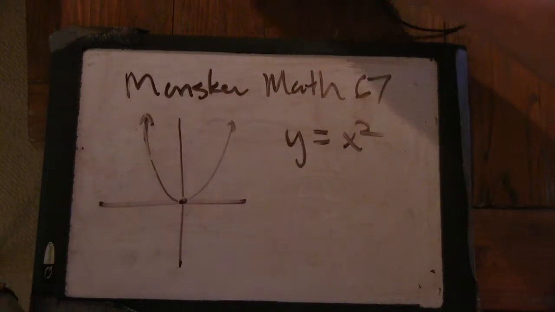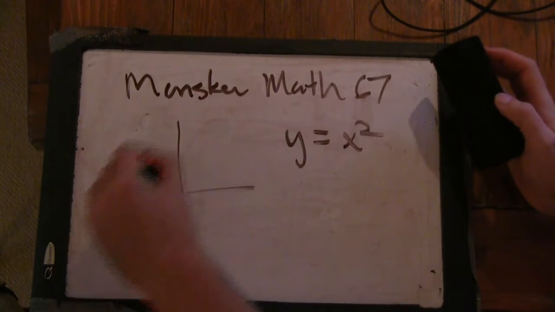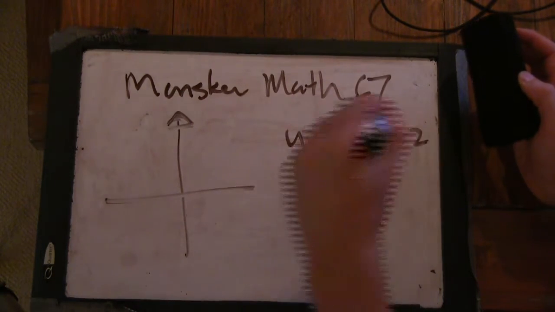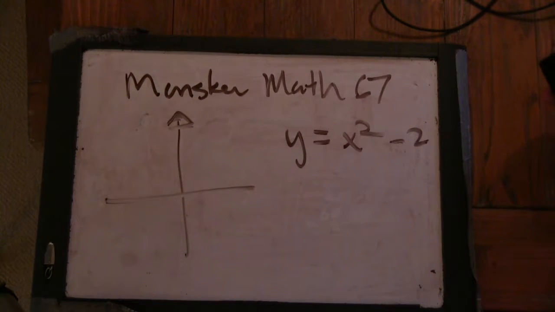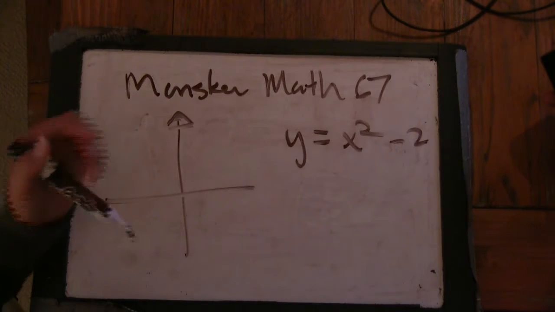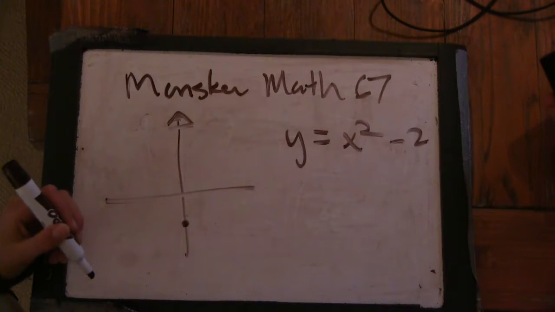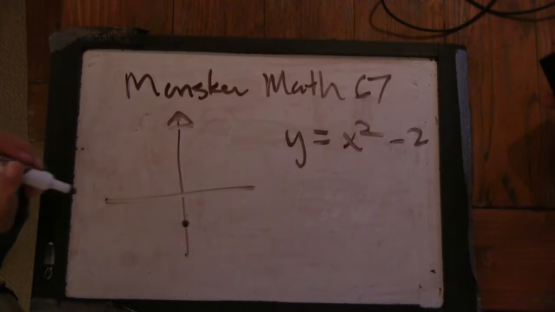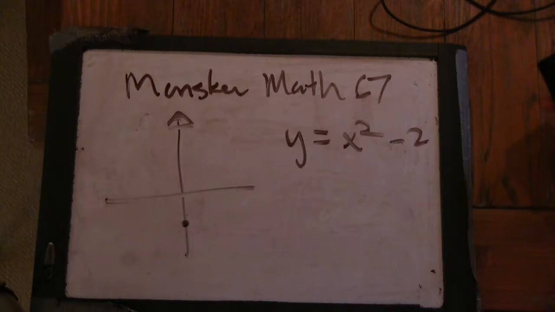And so what if I change it to y equals x squared minus 2? When x is 0, y is minus 2.